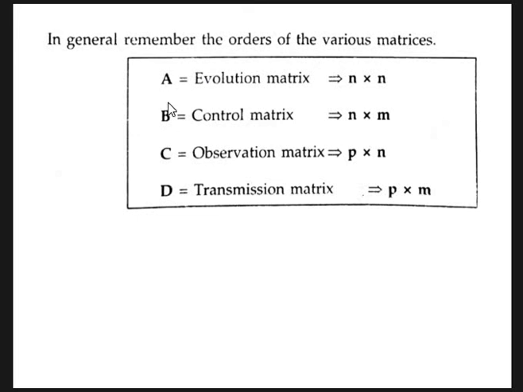So there will be a total of 4 matrices: A, B, C, D, where A is the evolution matrix of order n into n, B is the control matrix of order n into m, C is the observation matrix of order p into n, and D is the transmission matrix of order p into m, where n is the order of the system or number of state variables, m is the number of inputs for a given system, and p is the number of outputs for a given system.